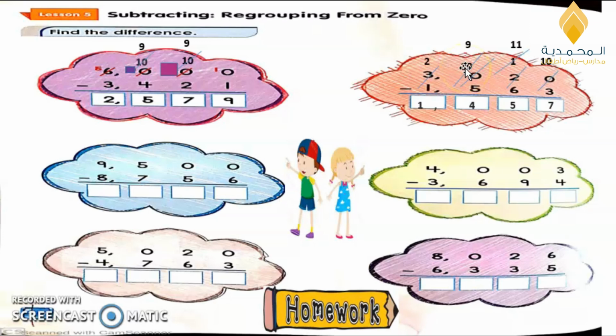Can the 10 give us 1 now? Yes, it can give us. So it will be 9. Then put 1 beside the 1 here. It will be, good job, 11. Now can we take 6 from the 11? Yes, it will give us, good job, 5. Now subtract the hundreds place. 9 minus 5 equals, easy, 4. 2 minus 2 equals 1.